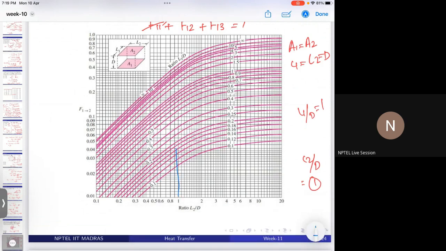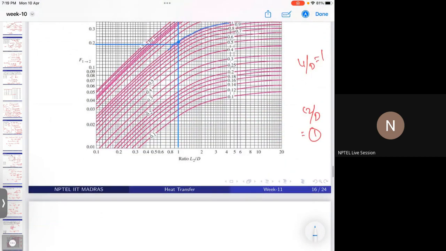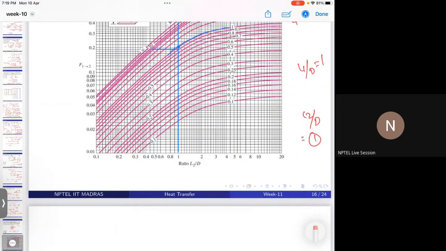This is the L by D of 1. The intersection point is here. It is around 0.2. Not around 0.2, it's exactly 0.2.